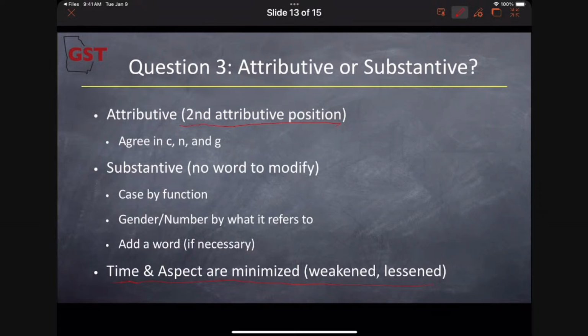And aspect, too, is weakened. It's not that they're gone, but they're weakened, lessened, minimized. Why? Because it's modifying another noun. It's not associated with time, not directly anyway, not associated with aspect. That's a verbal function. Now we're talking about an adjectival function, not the verbal function. That makes sense?